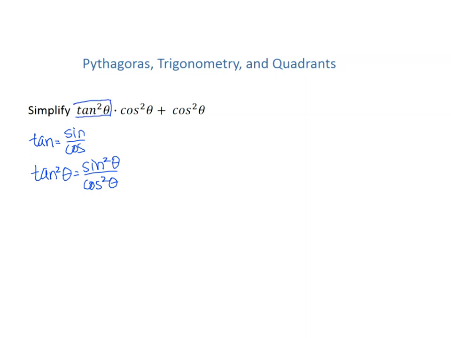We know that we can replace this with this, right? So I would have sine squared theta over cosine squared theta times.